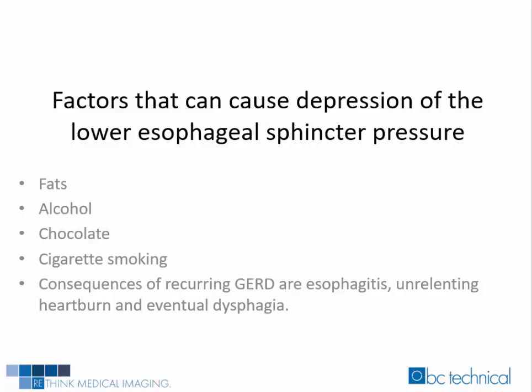Factors that can cause depression of the lower esophageal sphincter pressure are fats, alcohol, chocolate, and cigarette smoking. Consequences of recurring gastroesophageal reflux are esophagitis, unrelenting heartburn, and eventual dysphagia.